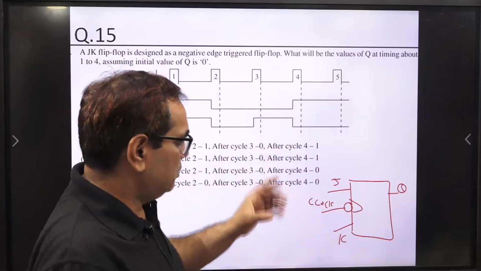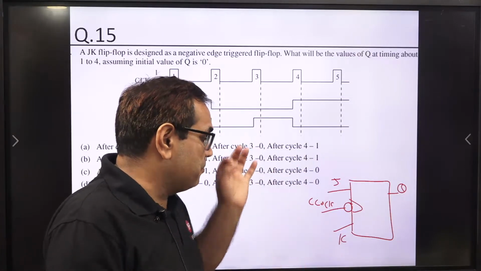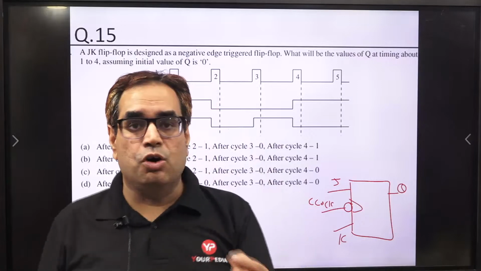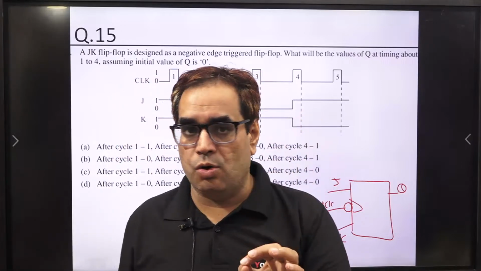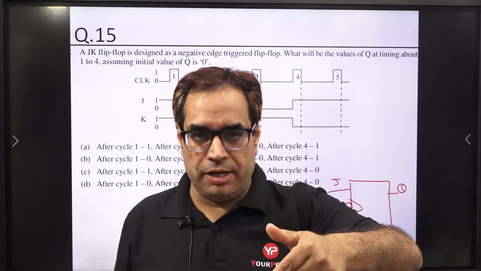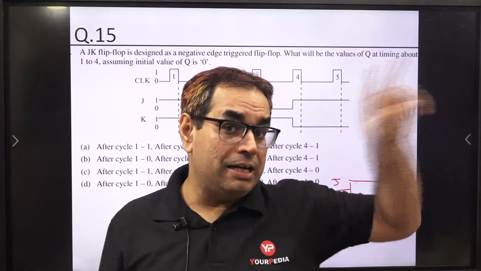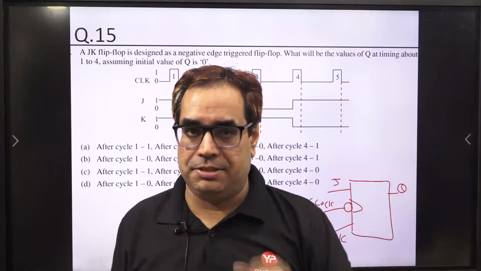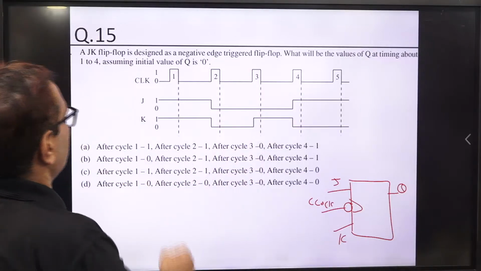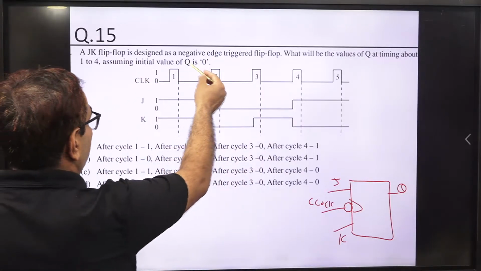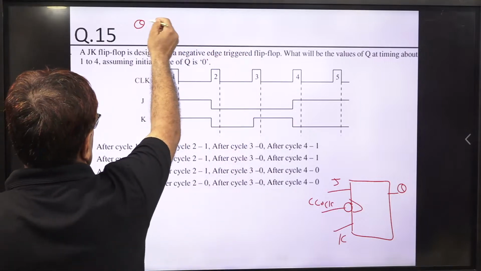It checks its inputs just before the negative edge of the clock, and changes the output accordingly. Then again it checks the inputs at the next negative edge. Here, assuming the initial value of Q is 0.